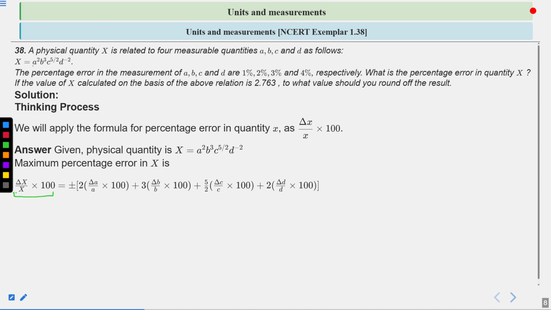And if we talk about the RHS side, plus minus A raised to the power 2, so the power becomes multiplied with delta A divided by A into 100, plus B cube, so the power 3 comes outside and the remaining term is B. So B in terms of percentage error will be delta B divided by B into 100.